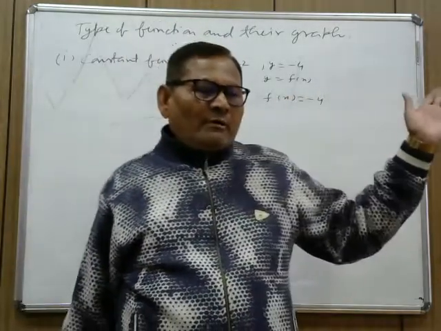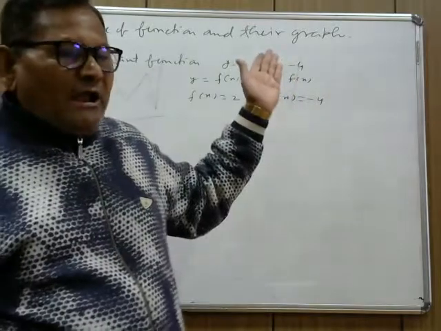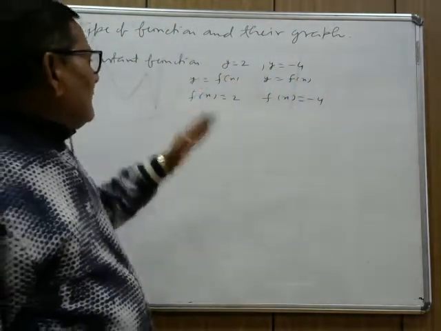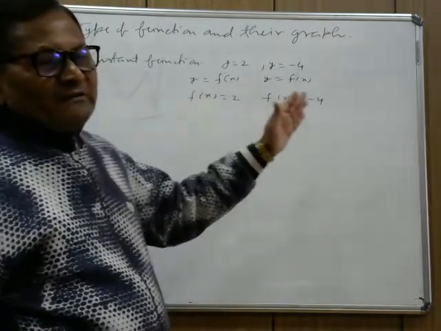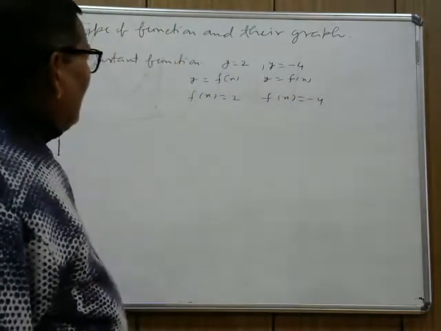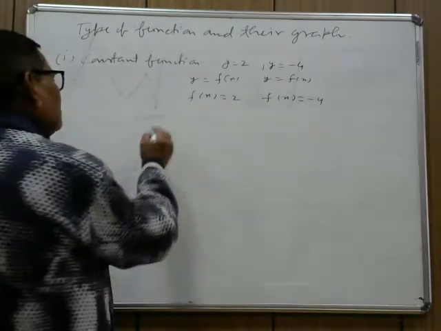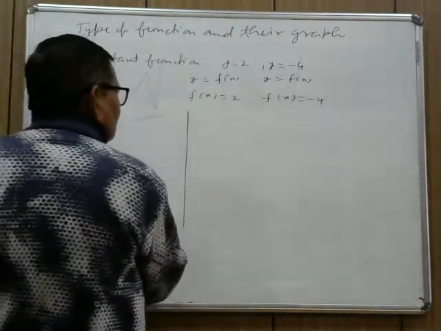If the variable x changes and f(x) does not change in its value, then that function is known as a constant function, and its graph is parallel to the x-axis. You see the graph of a constant function.